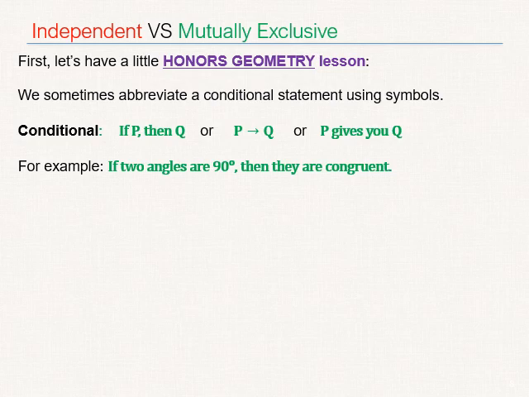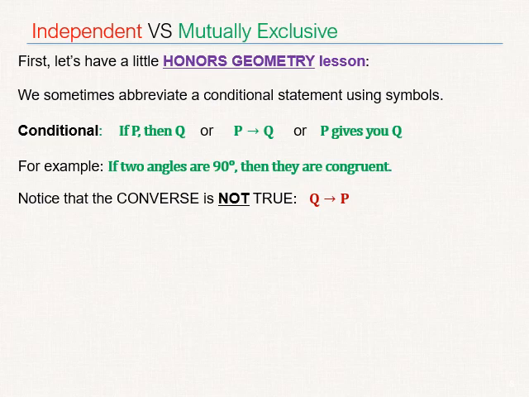All right, so in geometry, we also have another term. We have conditionals, and we also have converses. The converse of this statement is not true. The converse means you take the first part and make it the second, and you take the second and make it the first. The first statement was: if two angles are 90 degrees, then they are congruent. Now we reverse it.